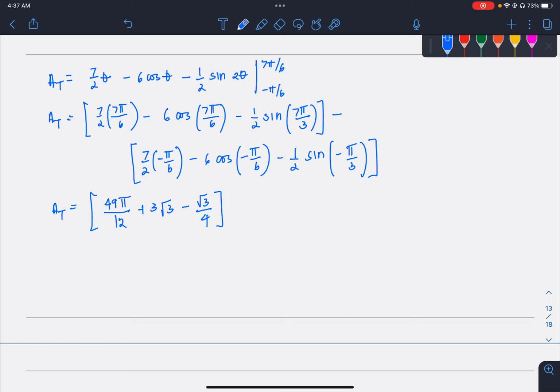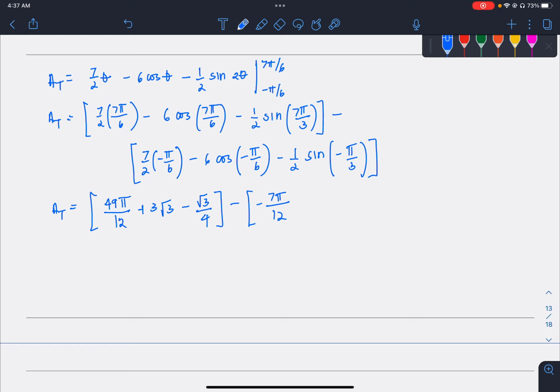And minus, I'll have a negative, okay, so 7 pi over 12, so negative 7 pi over 12.